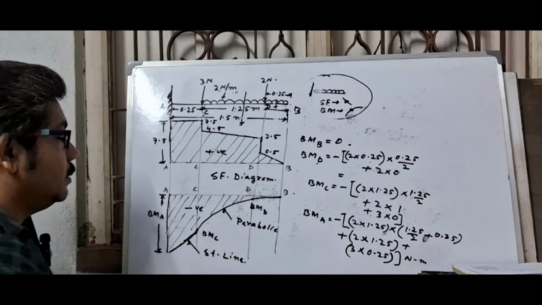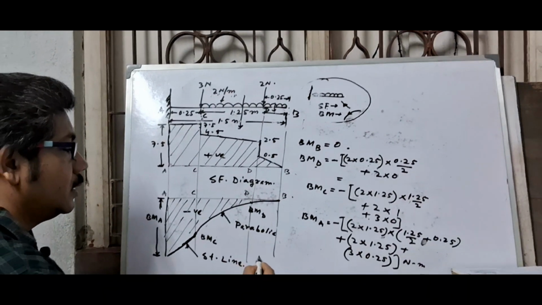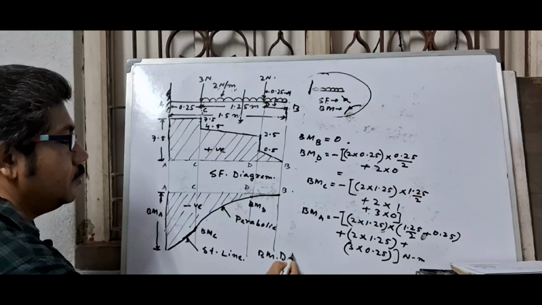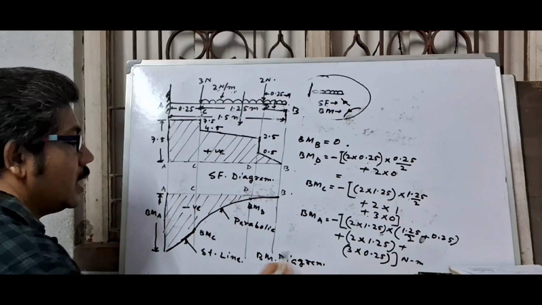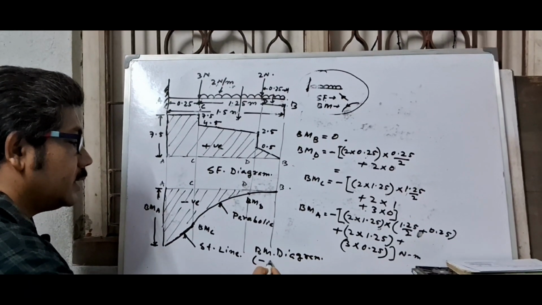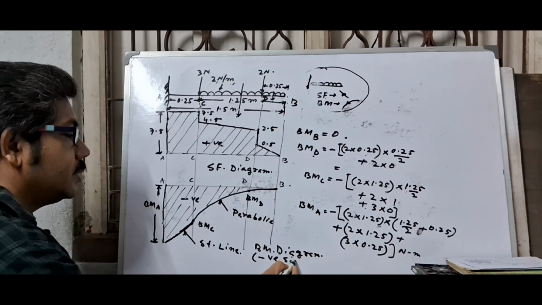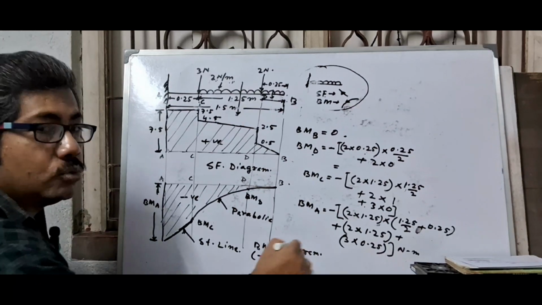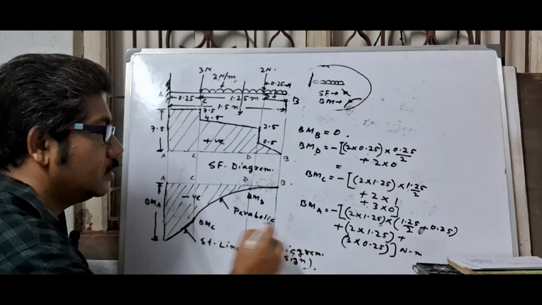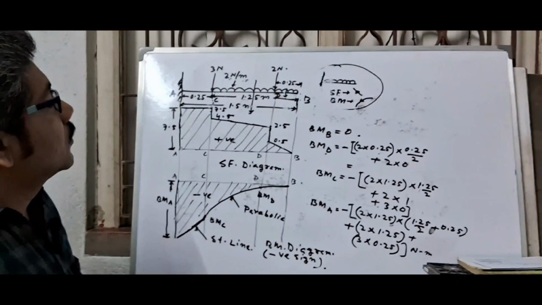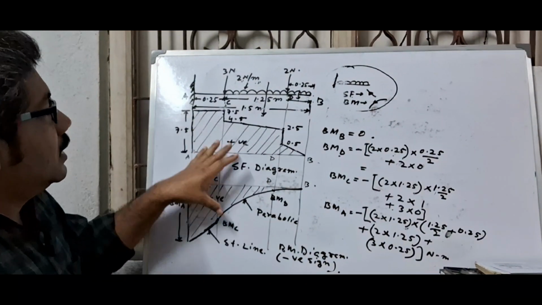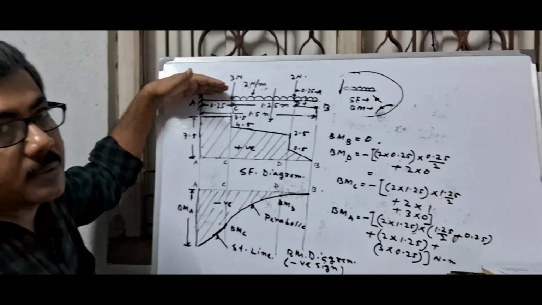This is the BM diagram, and a negative sign should also be written here due to hogging. So this is the SF and BM diagram for this problem.